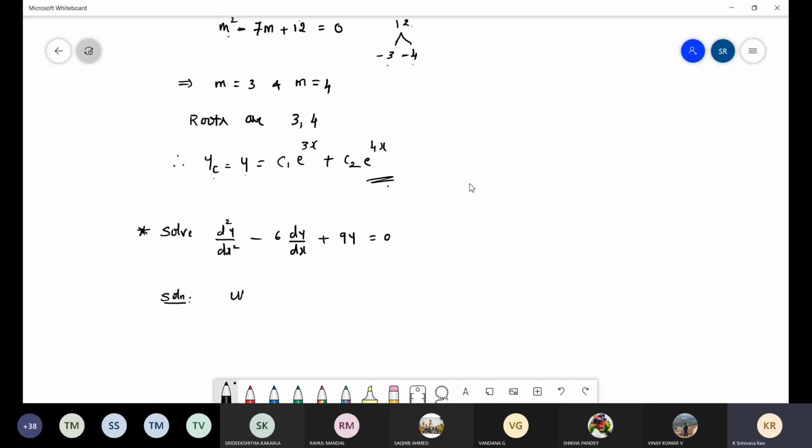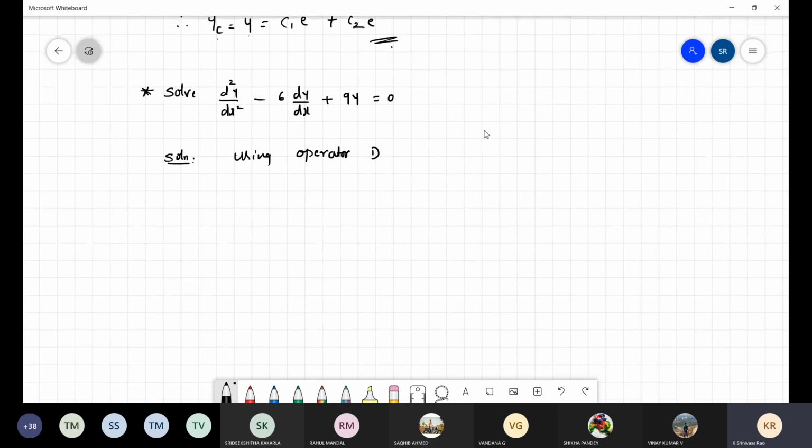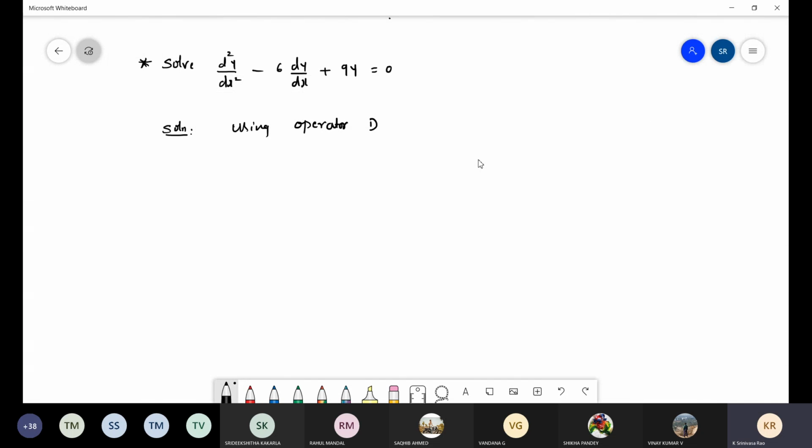Using operator D, the problem becomes d square y minus 6 dy plus 9y equal to 0. Take y common: d square minus 6d plus 9, into y equal to 0.